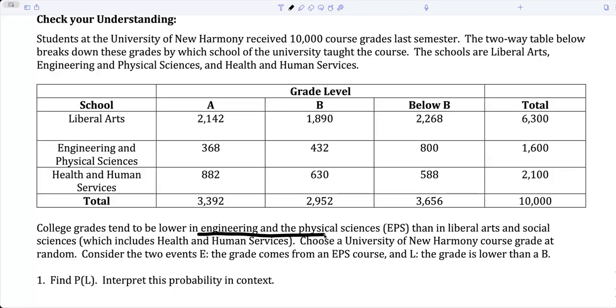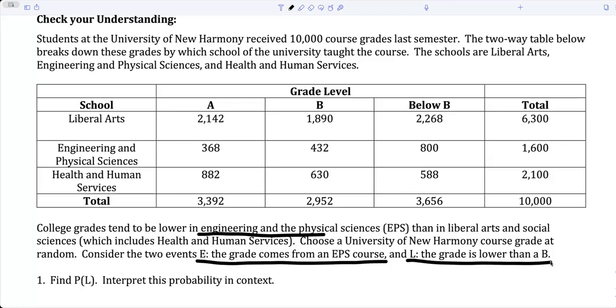Choose a University of New Harmony course grade at random. Consider these two events. Let event E be the grade comes from an engineering and physical science course, and let event L be the grade is lower than a B. So this says find the probability of L and interpret this probability in context.